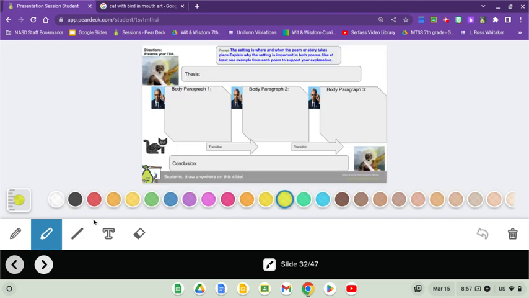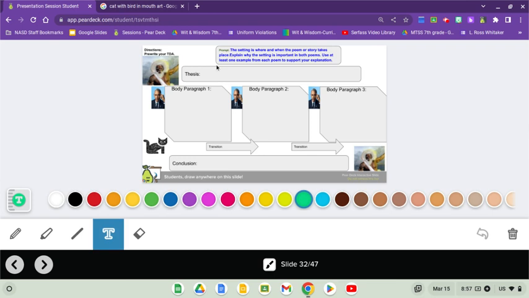Slide 32. So now, your thesis is to talk about the setting being important. Let's get to a different color. The setting being important. Hold on, buddy. And then 3 reasons why, right? The one reason we got for Window Cat.